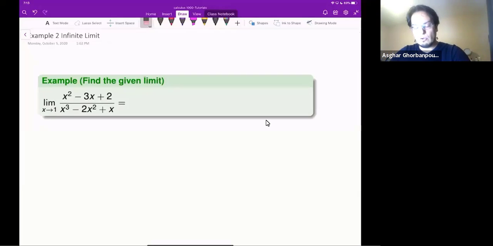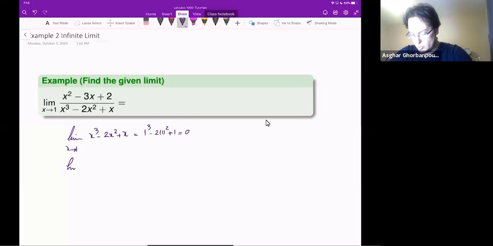Okay, so now we have the quotient here again. I will start with the limit of the denominator. As x goes to 1, this is 1 cubed minus 2 times 1 squared plus 1, and that is 0.